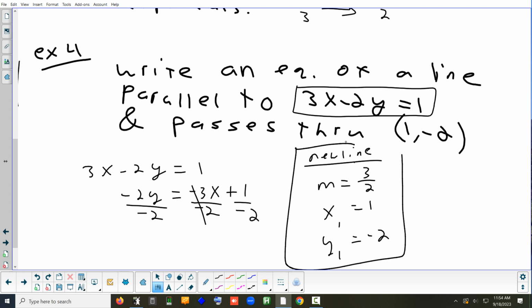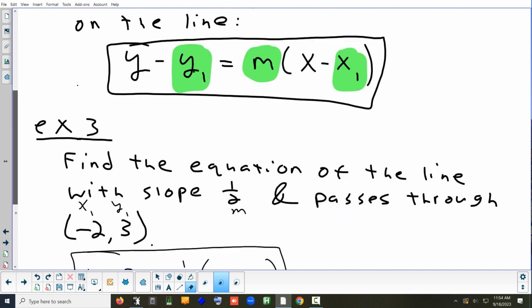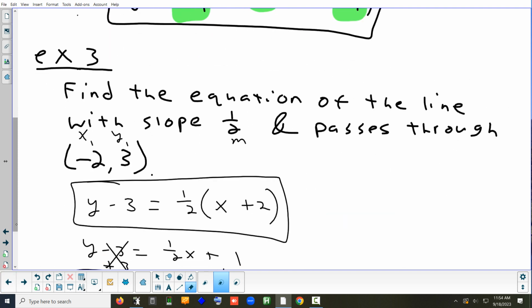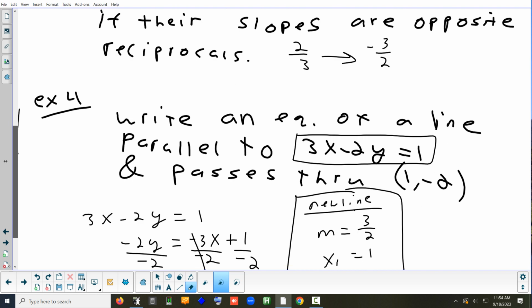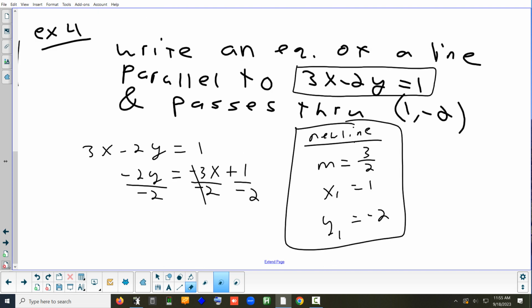So now, plug in 3/2 for m, 1 for x1, and -2 for y1. I'm not going to go through that part, but you just fill those three numbers in, just like we filled in the three numbers in this problem right here. They're just different numbers, but it's the same formula. You've got the m, the x1, and the y1.